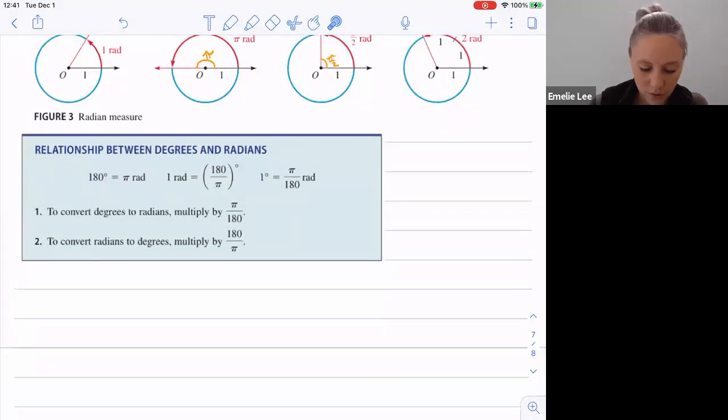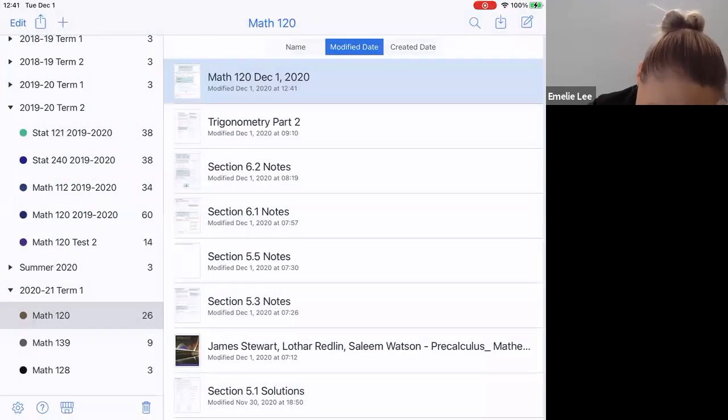Now that's hard, so I actually prefer to just read it like this. To convert degrees to radians, multiply by pi over 180. To convert radians to degrees, multiply by 180 over pi. So I just keep track of these. Sometimes it's useful to have these conversions, but I find them confusing. So you've got them, but you don't have to use them.